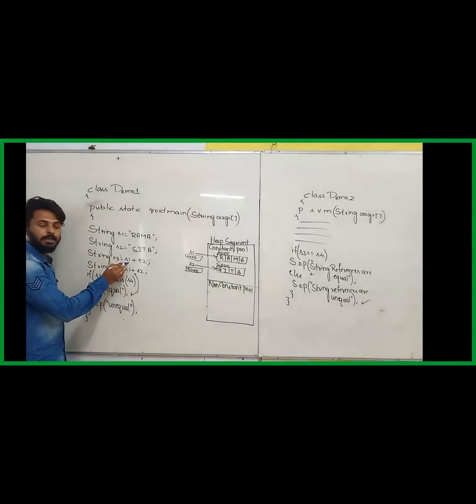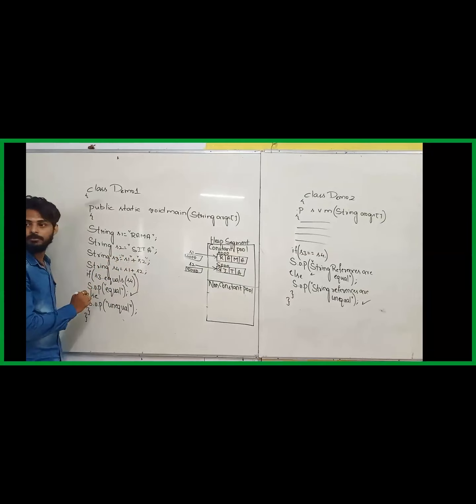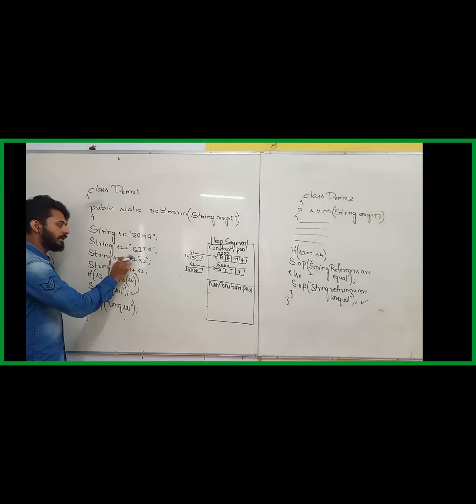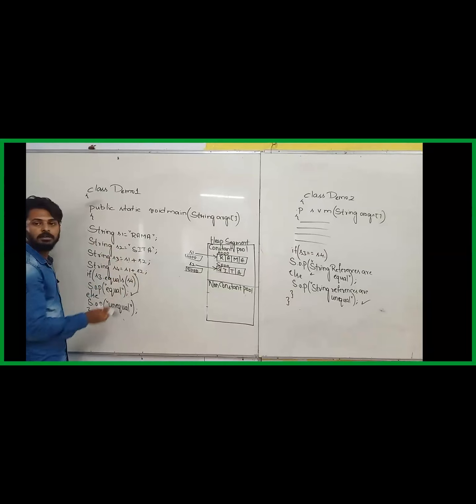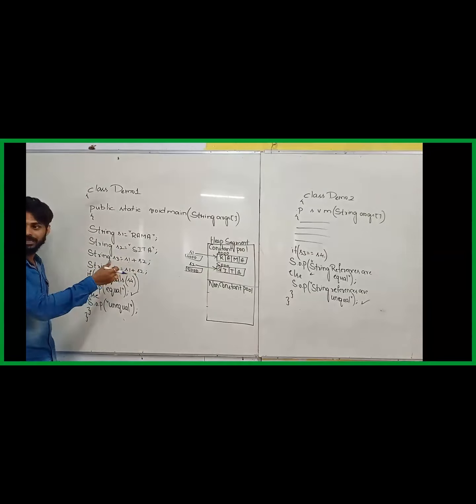Here, how is S3 created? Is it created like this? Means what? Both of them are direct values here. If I write double quotes, which means it is a direct value. But now you check here, is it a direct value? S3 is created using what? S1 and S2. Together I am combining it.